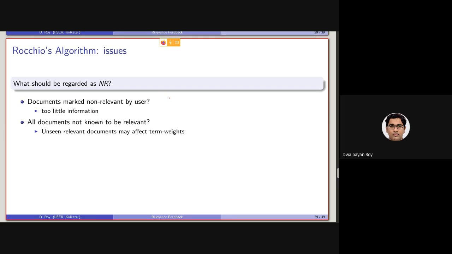Shall we consider all the documents not marked as relevant to be non-relevant?